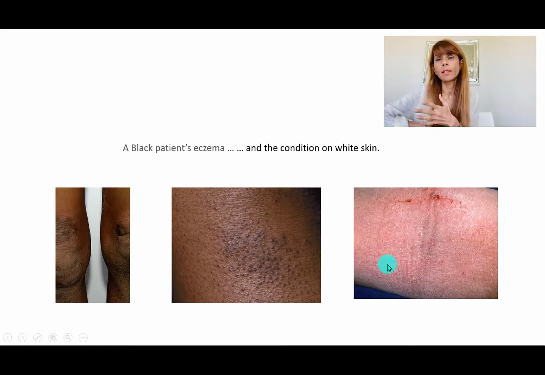On the right side there is a patient with lighter skin color, with an eczematous rash on the flexor surface of the elbow, so it's more obvious. So the geographical distribution of the rash may also be different in darker skin color. Eczema may be on the extensor surfaces as opposed to the typical flexural surfaces.